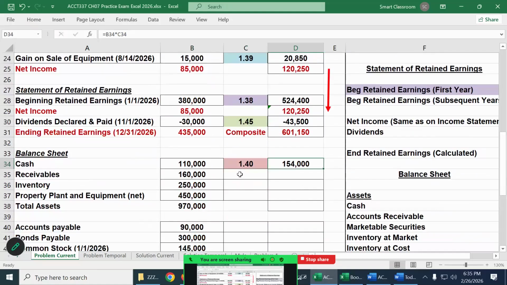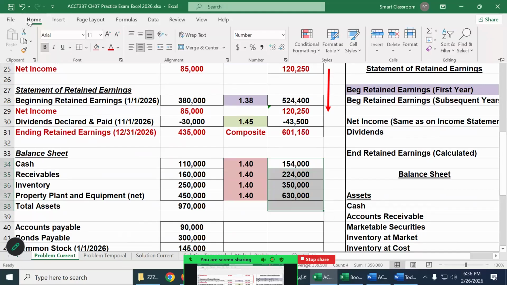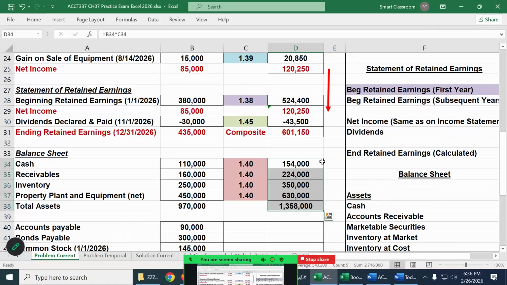There's nothing in there I don't think that's going to be different. They're all the same. Yep. So these are the total assets.